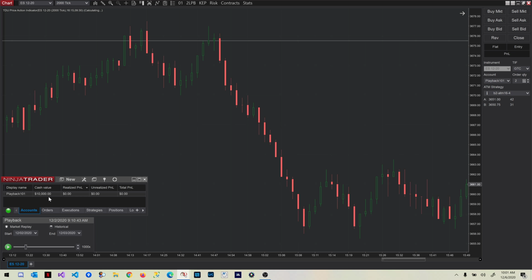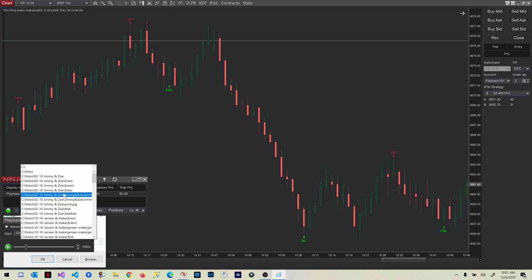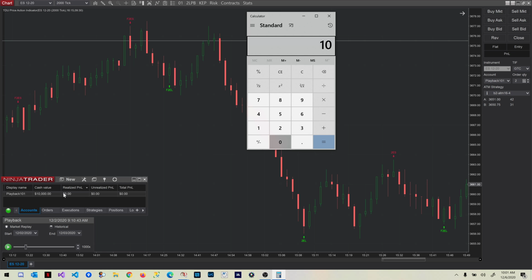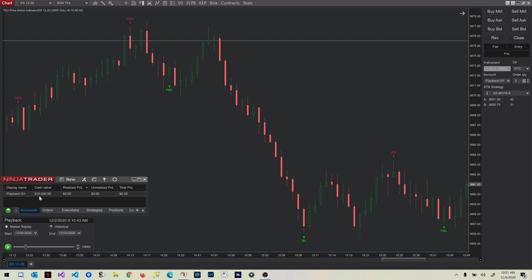My account is 10,000 euros or dollars. So if we calculate how much that is, 5% of 10,000 is $500 per trade. So for 5%, we risk 5% of our account, which makes it $500 per trade.